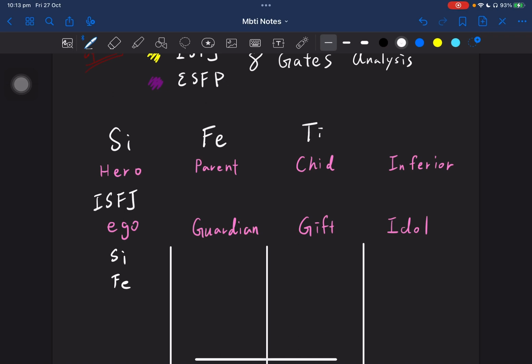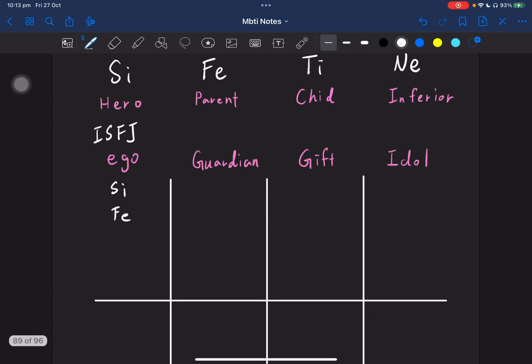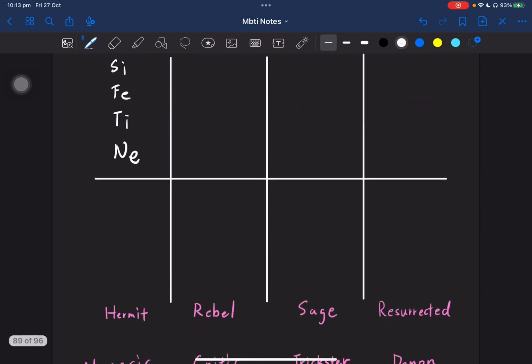So FE is on the axis with TI, and SI is on the axis with NE. That means their shadow has the reverse.